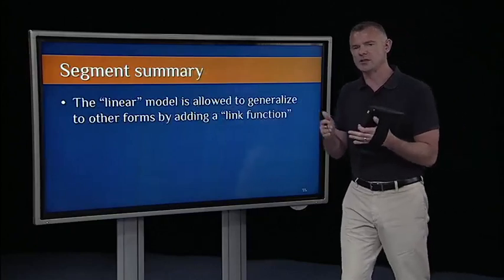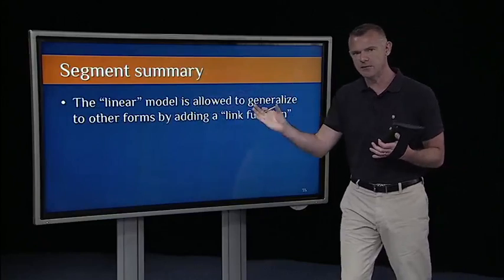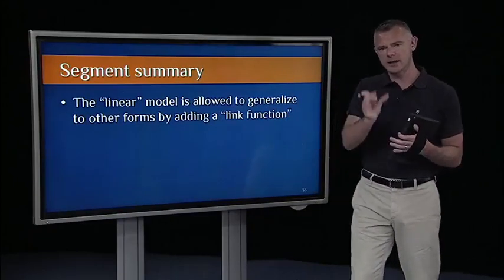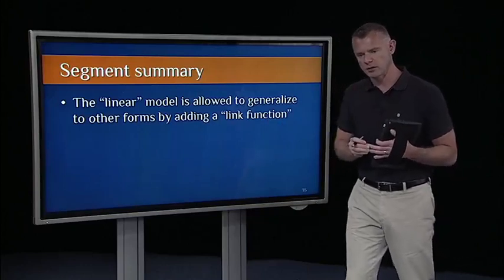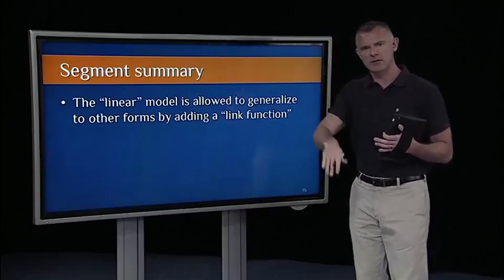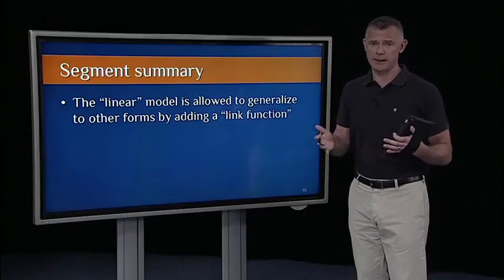The key to the generalized linear model is that it applies a link function to the left-hand side of the regression equation, and that link function varies depending on what kind of nonlinear relationship you want to test in your model.